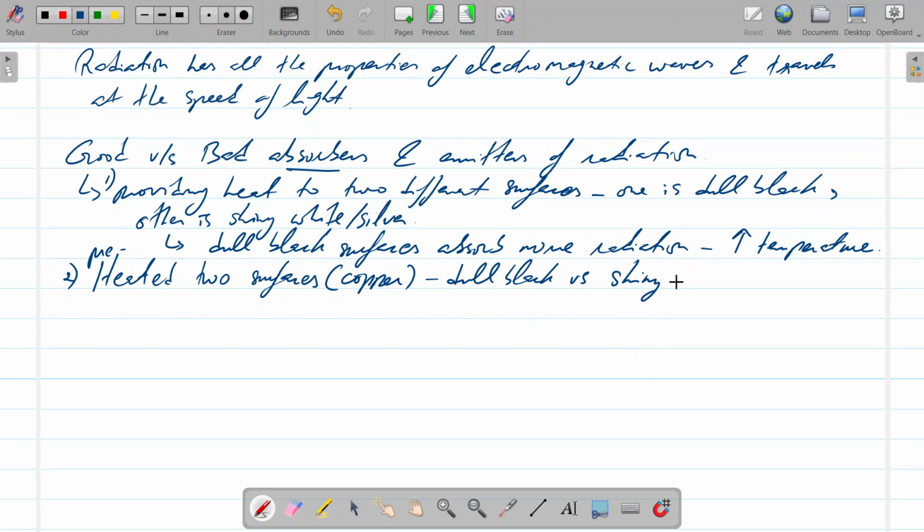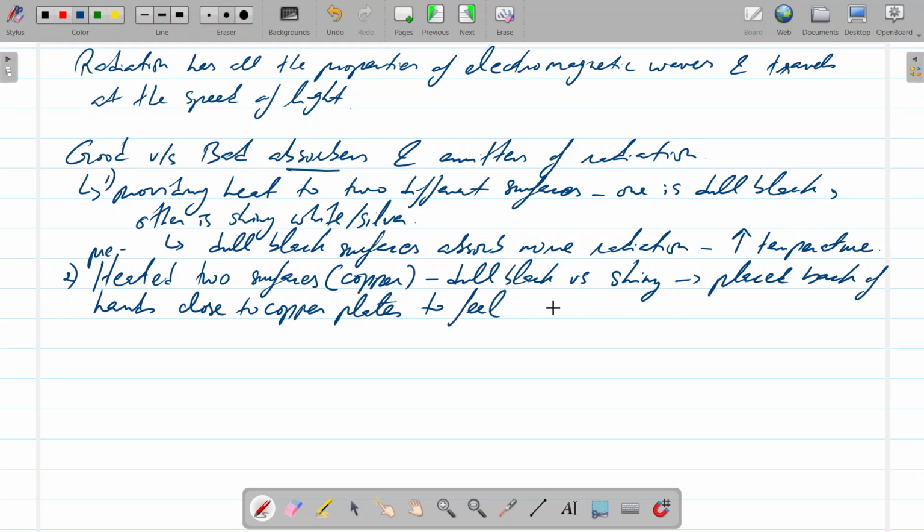And so what they wanted to test, they placed the back of their hands close to the copper plates, to feel which one was giving off more heat or emitting more heat. And again, similarly, they noticed that the dull black one, right, was giving off more heat.